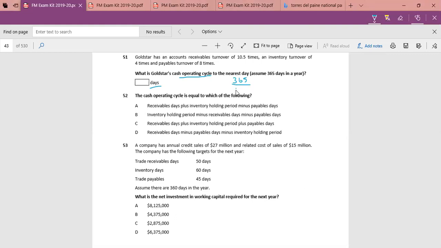Turnover, first one, it is 10.5. So 365 divided by 10.5 plus 365 divided by 4.